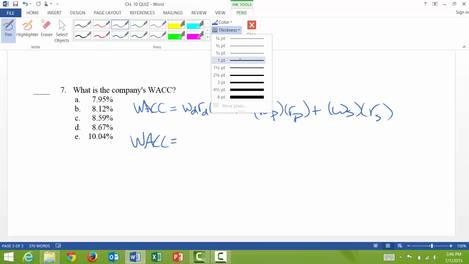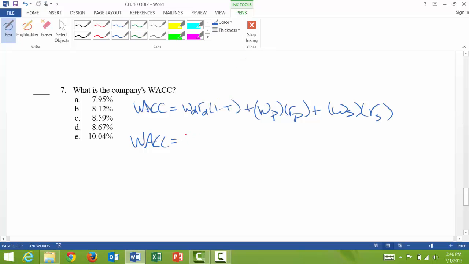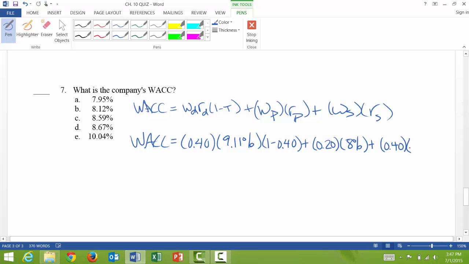Okay, so the weight on debt was 40%. Remember the answer we got for the rate on debt was 9.11%, and then times 1 minus the tax rate, so times 1 minus 0.4, plus the weight for preferred stock, and that was 20%, and the rate for preferred stock that we got as a previous answer was 8%, plus the weight for common equity was 40%, and the rate that we got from our calculation just before this one was 12%.